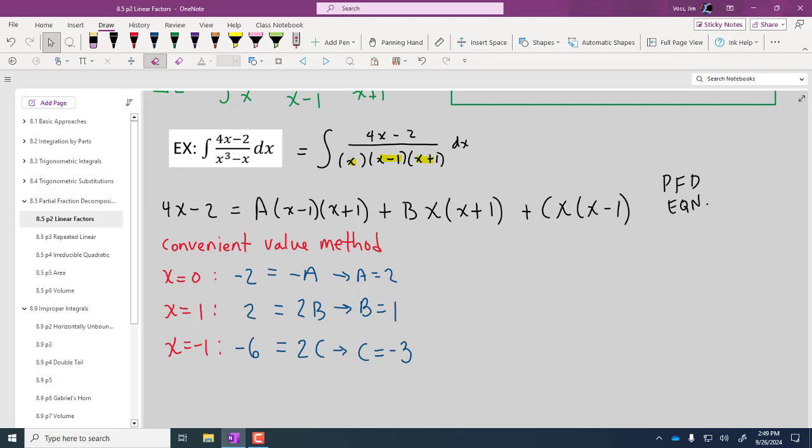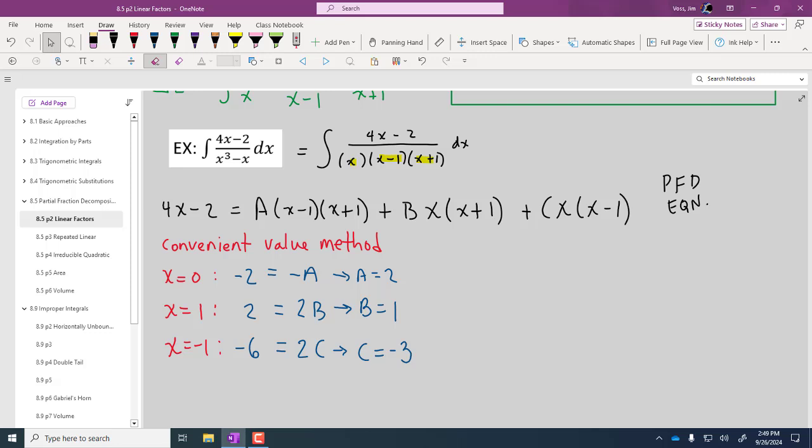But we will see that if you have a combination of quadratic factors and linear factors, you can actually merge the two techniques, and you can do some convenient value and then create a less complicated traditional method for whatever doesn't get figured out with the convenient values. But it works very nicely when you have linear factors.